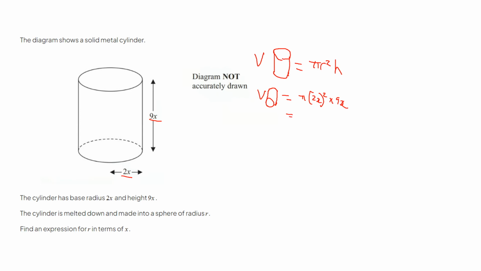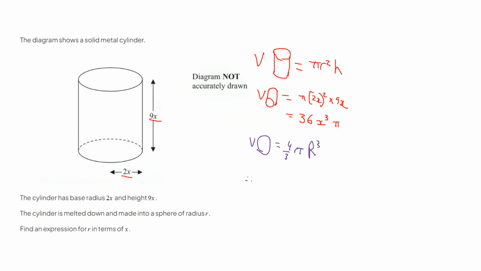And so what we're left with is an answer of 2 squared is 4. So we're left with 36x cubed pi.